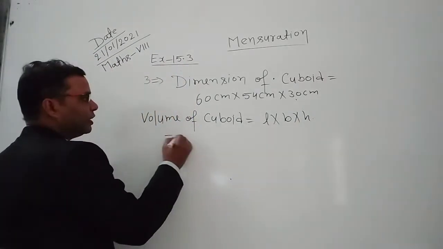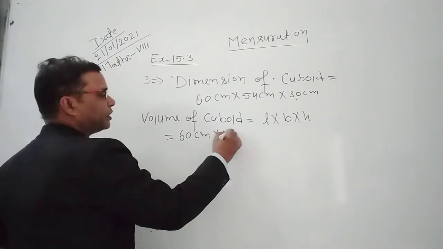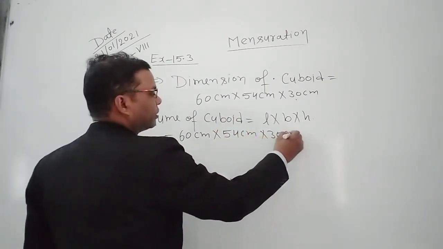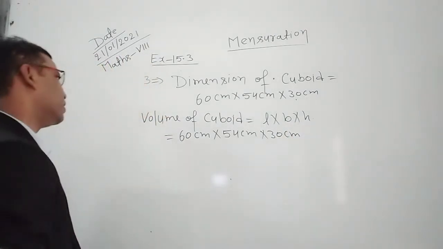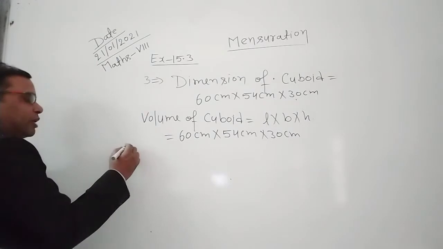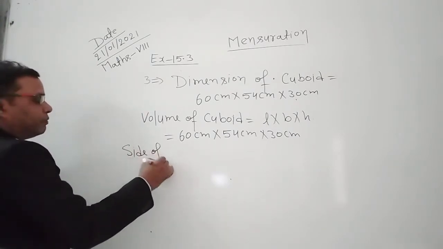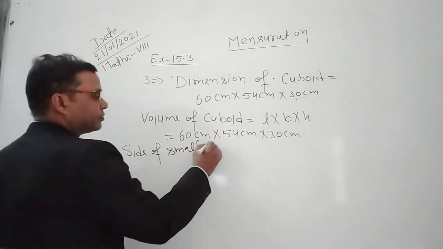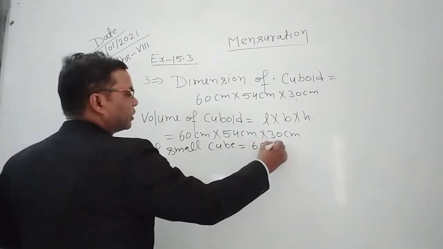So here length is given 60 centimeter, breadth is given 54 centimeter, height is given 30 centimeter. This is clear? Now the side of the small cube is also given here, 6 centimeter.